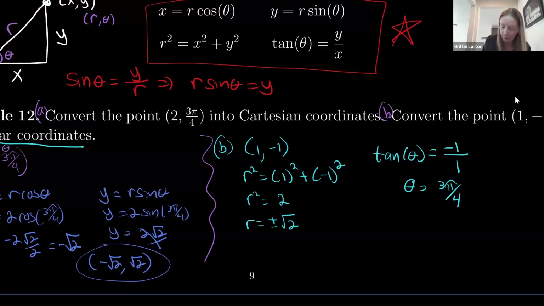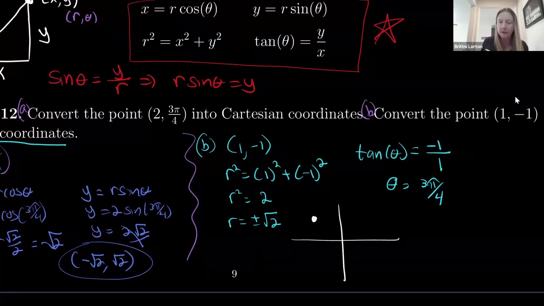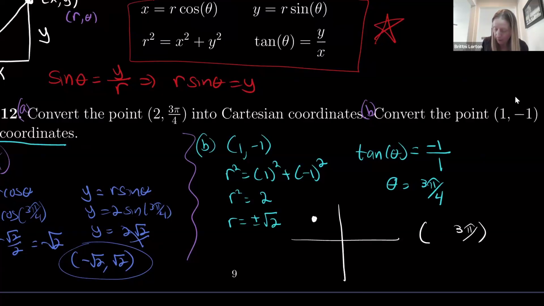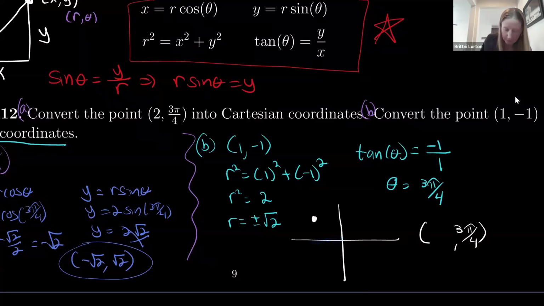And then here's what you have to do. I don't know if 3 pi over 4 goes with the positive root 2 or the negative root 2. You have no choice but to graph it. The point 1 comma -1 is in the second quadrant. Oh, I'm so sorry. I probably won't re-record it, so I'm so sorry. 1 comma -1 is in the fourth quadrant.